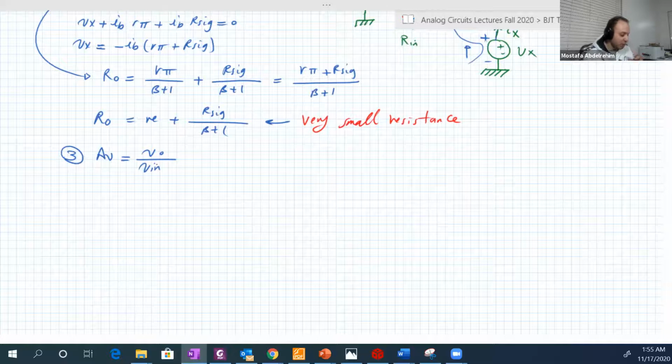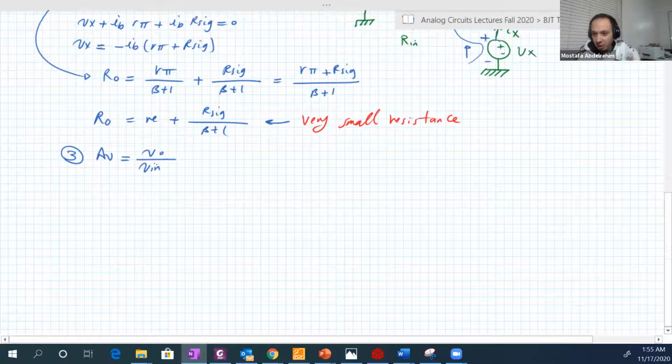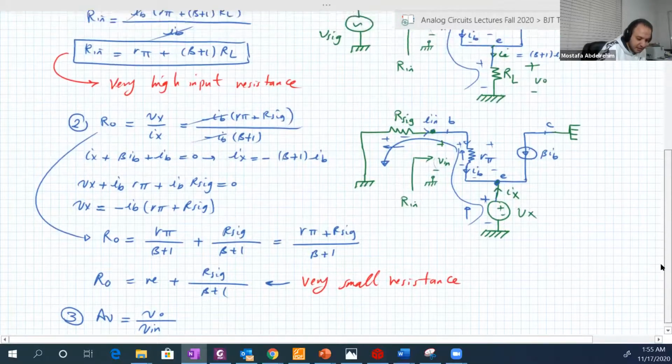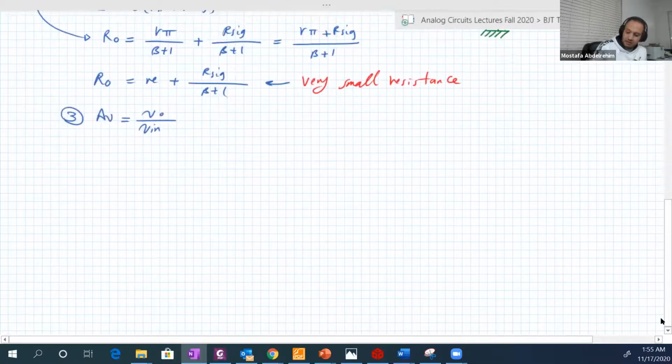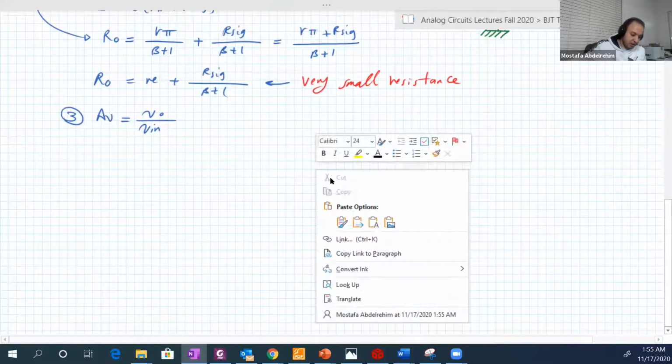You remember, guys, there is voltage gain and open loop voltage gain, and open loop voltage gain is just the voltage gain when the R load is equal to infinity. I can do AV first, then AV naught, or the open loop voltage gain, opposite to the way we did before. Before, we got AV naught first, then AV, but we can do the opposite, as we will see now. So VO over V input. Let's put the circuit again for our convenience.